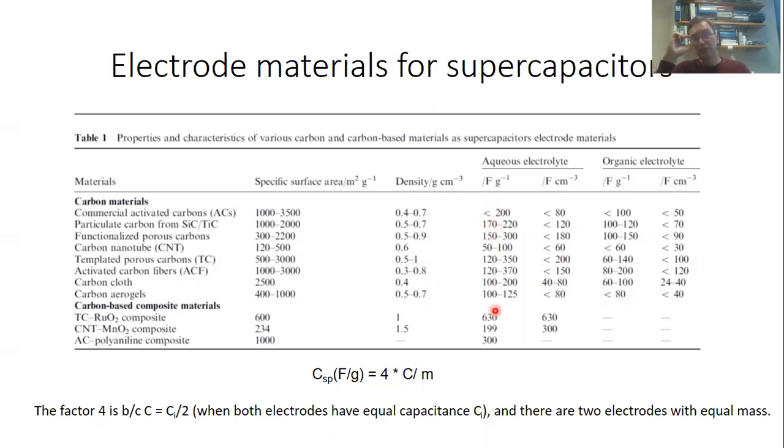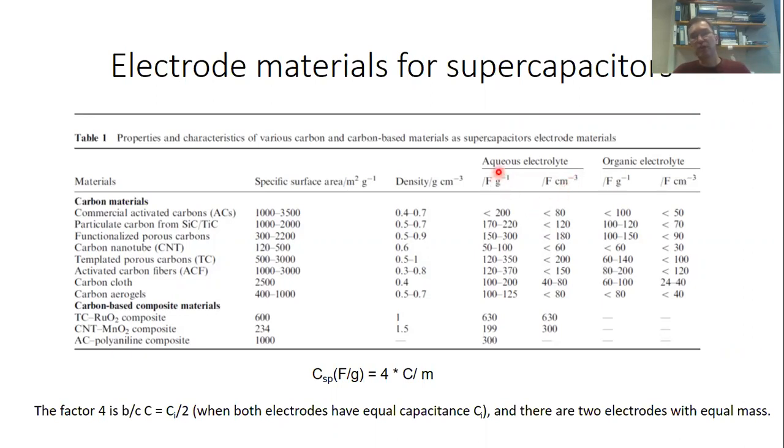So these capacitances, sorry, are so-called specific capacitances. Specific capacitance means capacitance in farad per gram of the material, or capacitance in farad per cubic centimeter of a material. But you see, generally you can achieve very high capacitances.